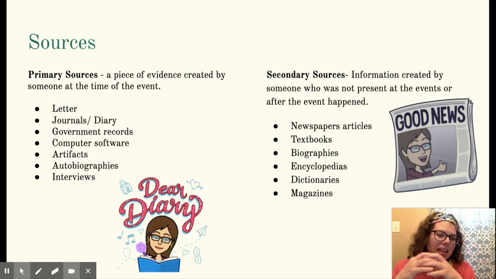Artifacts are going to be like things that you've collected over this quarantine and maybe you keep in a box somewhere, or letters that you've written to a friend and they've written you back, or just anything that you find that could be a key to what this historical event looked like for your family.